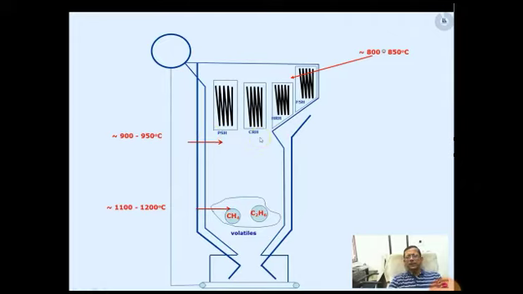But if you take a look at the metal temperature, let us say the water walls. These water walls are made of carbon steel, and carbon steel has a temperature limit, and that is 370 degrees centigrade. If the carbon steel temperature is allowed to go above this, a phenomenon called creep is going to come into carbon steel, and carbon steel does not have any kind of resistance against creep.